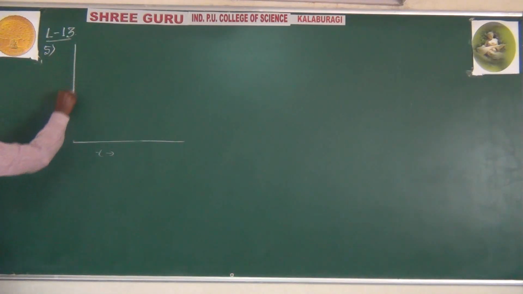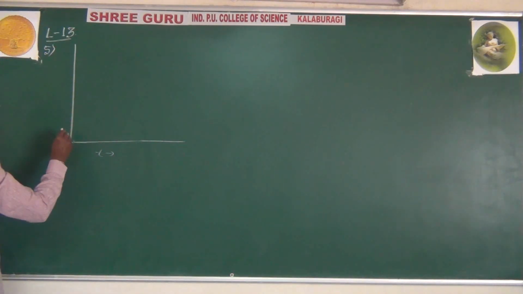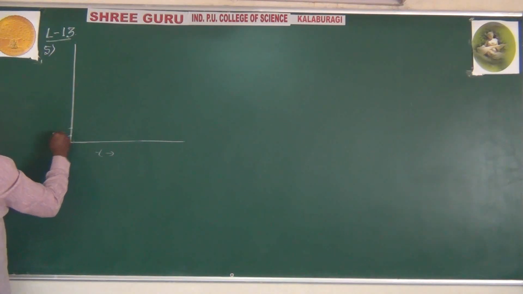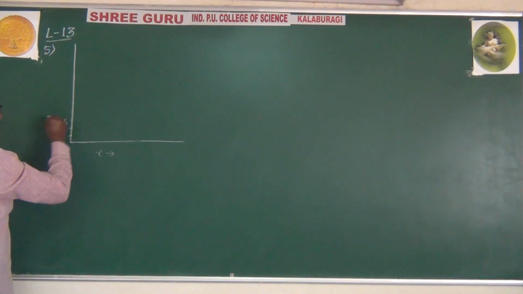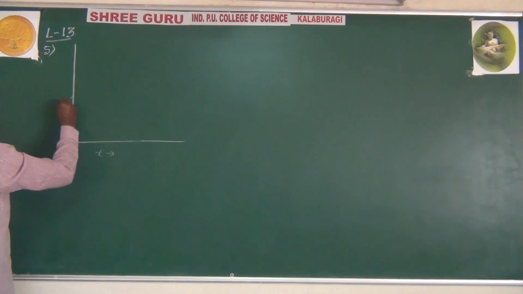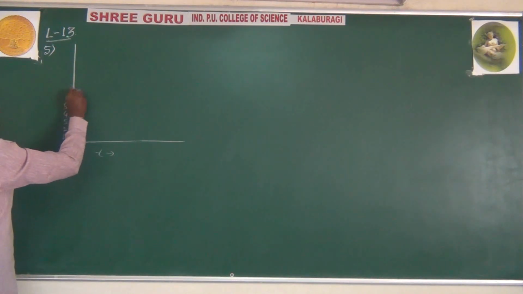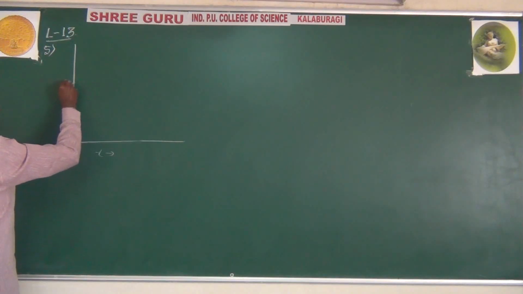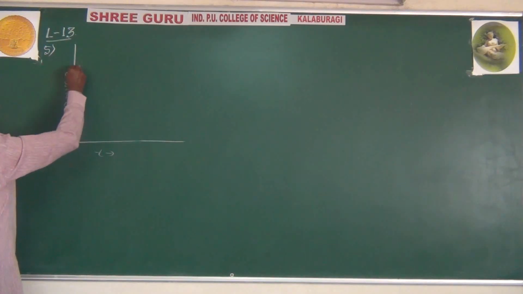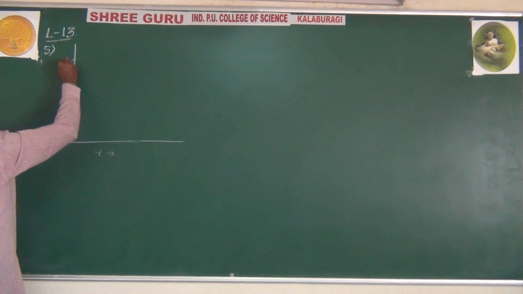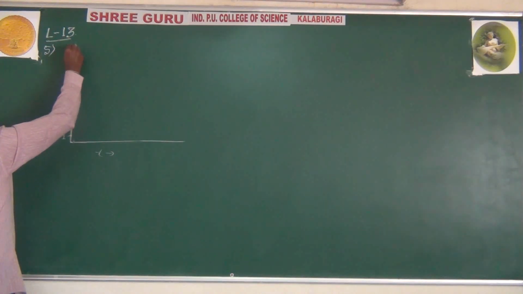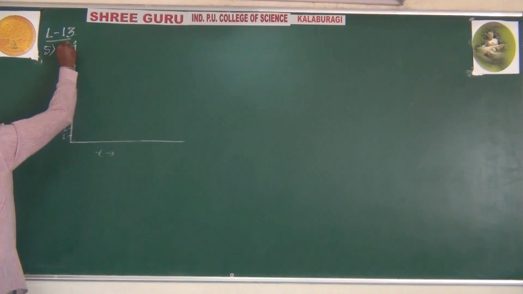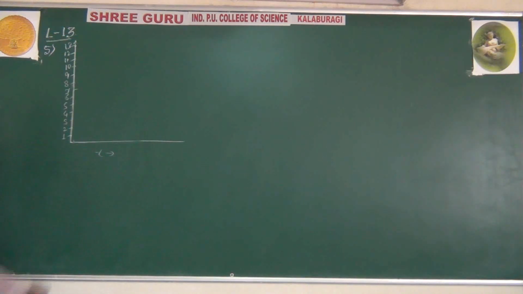This is the position: 1 meter, 2 meters, 3, 4, 5, 6, 7, 8, 9, 10, 11, 12. This is 13 meters, up to 13 steps.